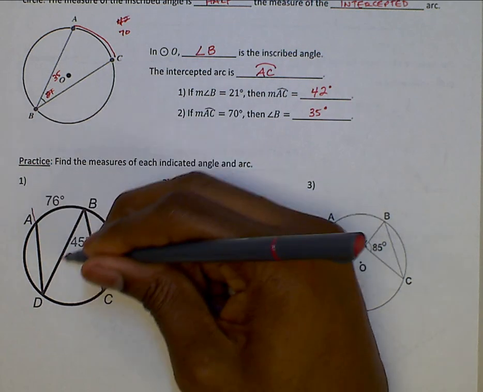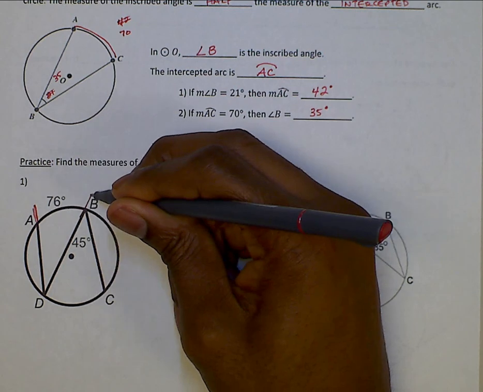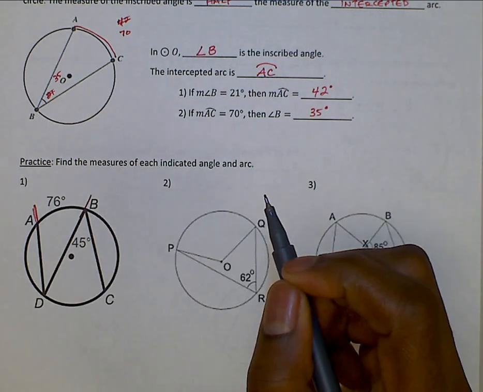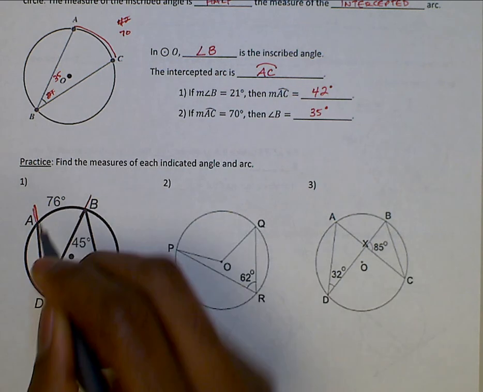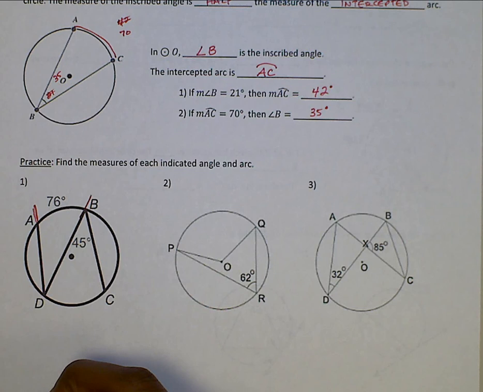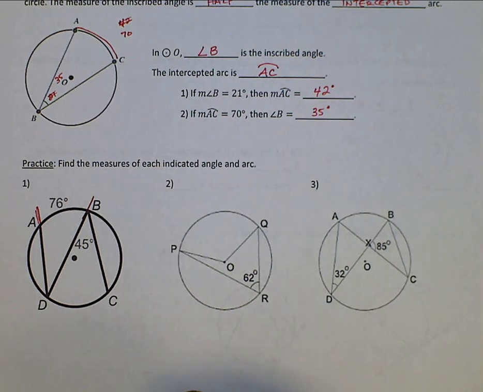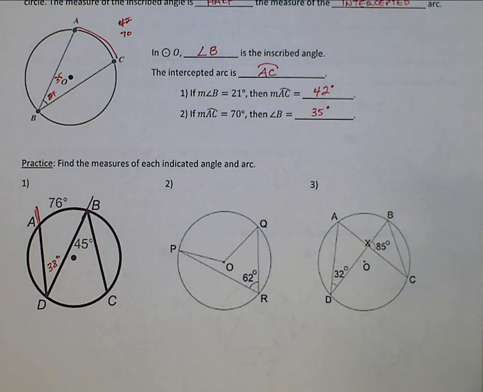See what I'm doing is extending those chords, and then the arc between the chords is the intercepted arc. So AB is the intercepted arc, AB is 76, so this would be half of 76, which gives us 38 degrees. So we find out that angle ADB is 38 degrees.